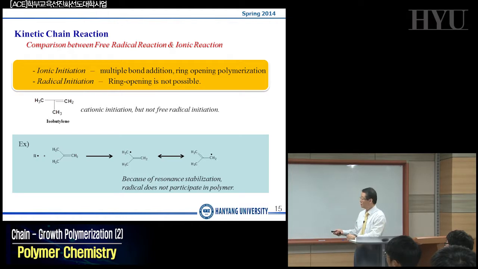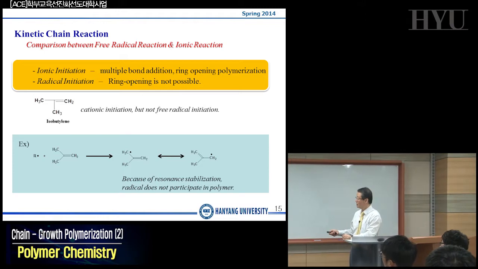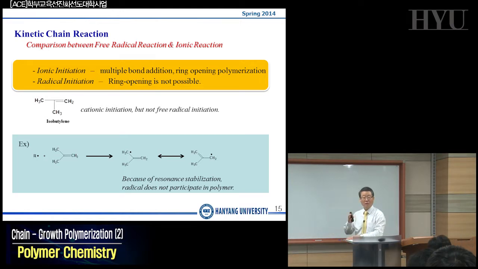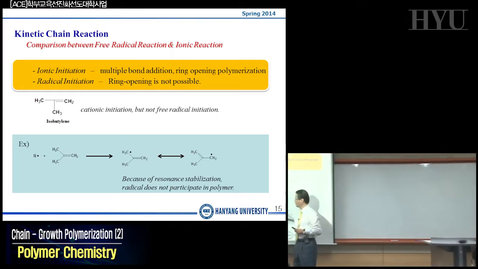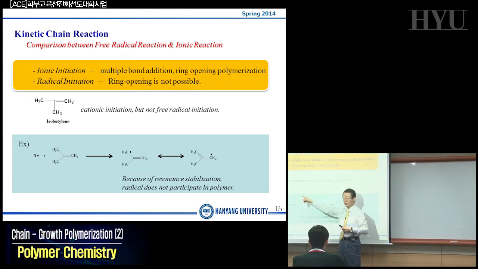Then the neighboring double bond has two electrons distributed over two carbons, so one of these electrons will be moved over here to form this double bond, so that you form the radical. This is what they call conjugation. In other words, if I have a radical, then this radical should attack the other monomer to form the polymerization reactions.